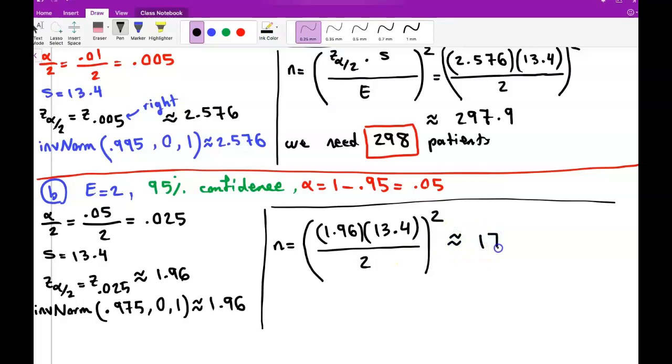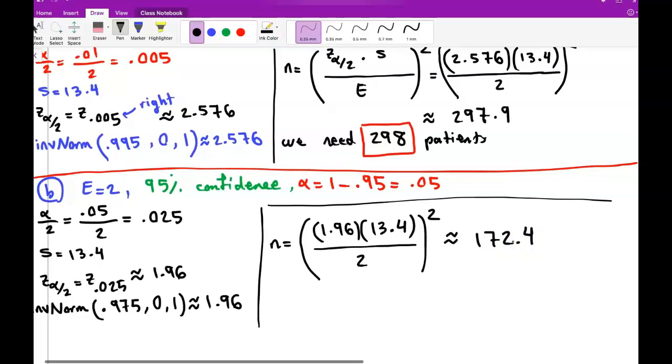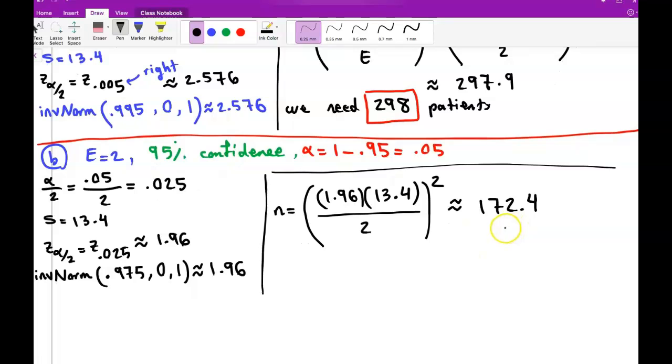Rounding, the answer is 172.4. What that means, we need 173 patients because I'm not able to use 172. That's why I'm rounding this up. So we need 173.